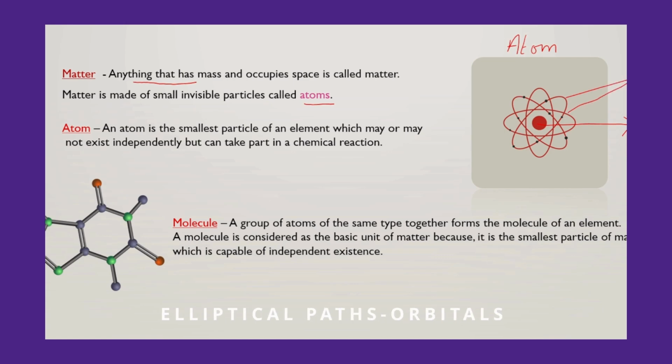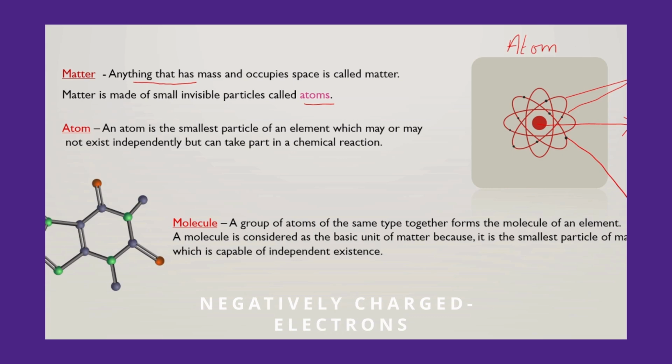In orbitals you can see certain small dots here. These small dots are nothing but electrons. So electrons move around these orbitals, these specific paths. This is how an atom looks like.